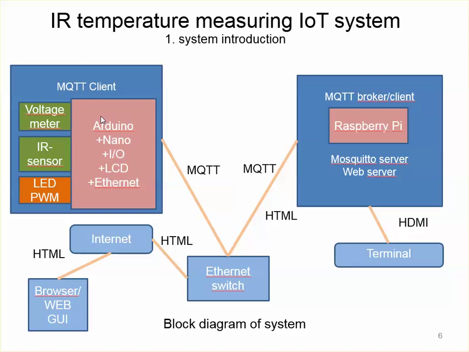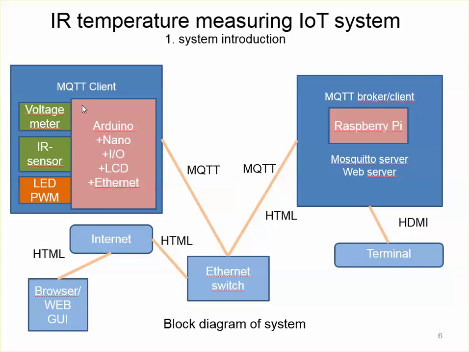In this example, I was using the Arduino Nano, and that Nano is working with the input-output devices, sensors, a small LCD display and the Ethernet card, which will connect our Arduino to the Ethernet or internet world.